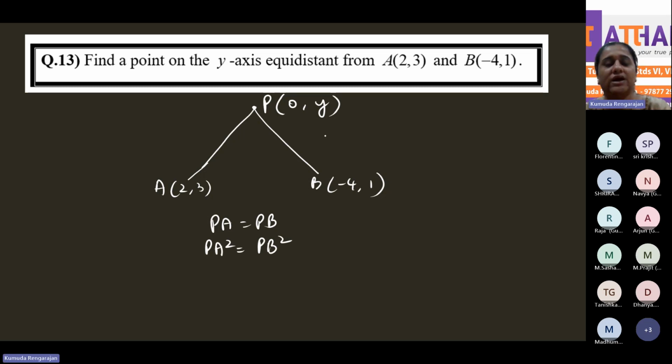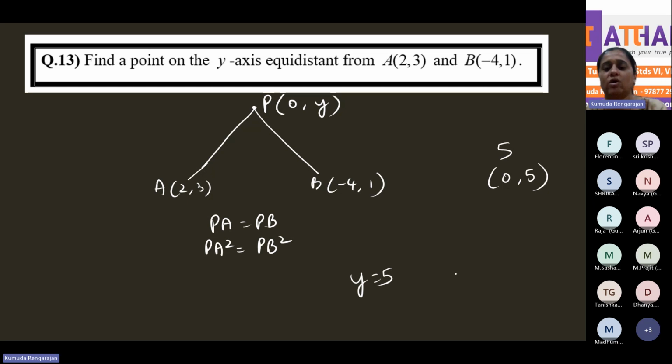And hence you should write the address. So you will find the value of y. Supposing y is 5, therefore the required point is (0, 5). Supposing you get y equal to 5, don't leave it there. The question is to find the point.